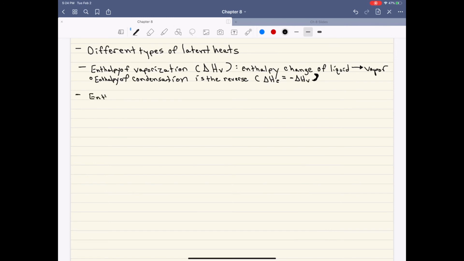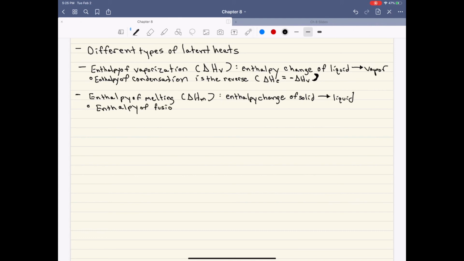The enthalpy of melting, on the other hand, deals with phase changes going from the solid to the liquid. So enthalpy change of solid to liquid. Okay? And then related to that, the enthalpy of fusion is just the reverse as well, as we saw on the previous plot.